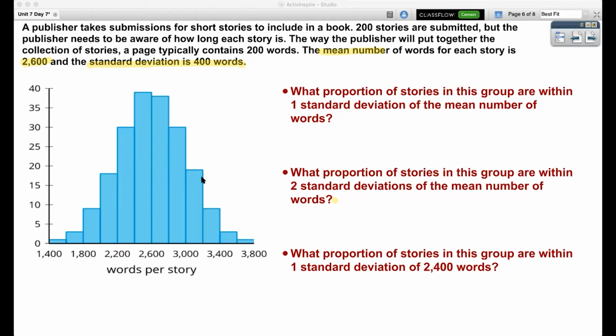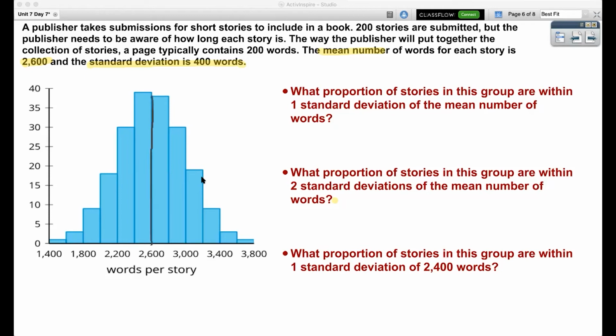Okay, what did I just say there? Well, if I know that the mean here is 2,600, I'll make a darker line right there so you can see it on the histogram. I know that my mean is 2,600.